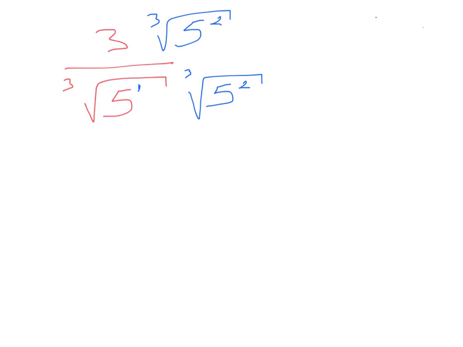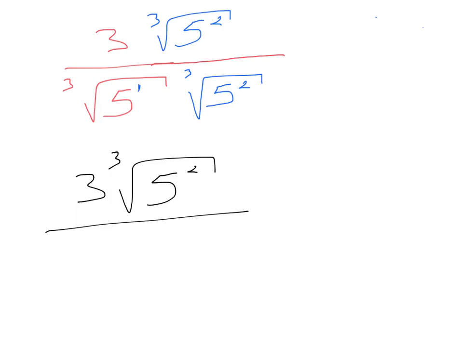Let's combine them. The denominator is going to be the third root of 5 times the third root of 5 squared.